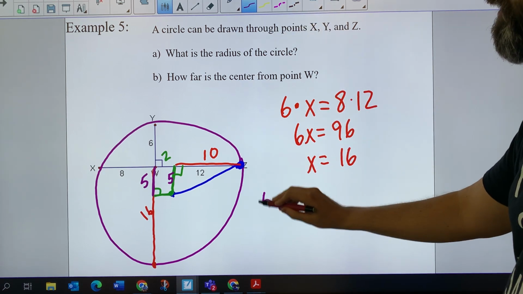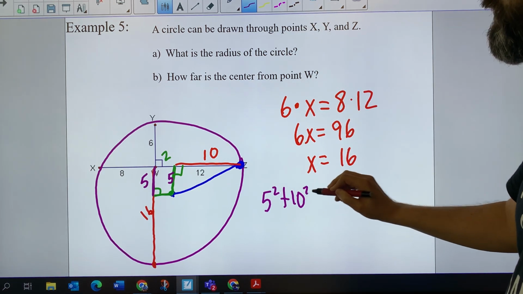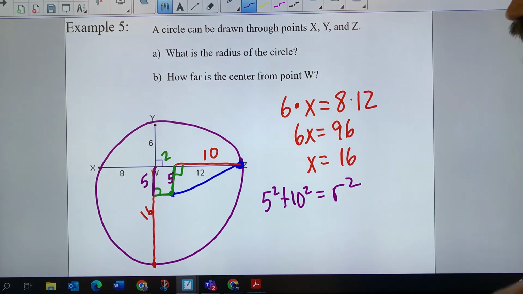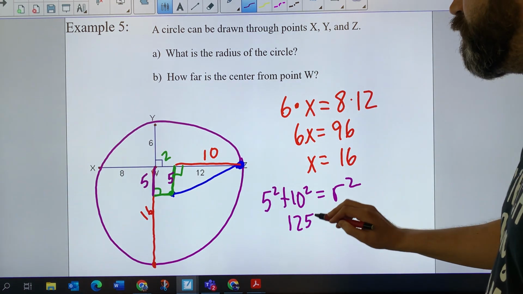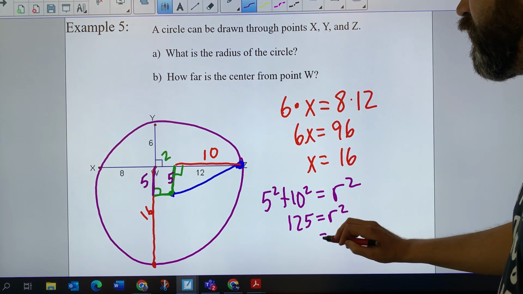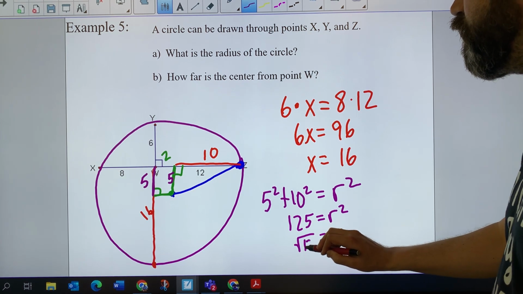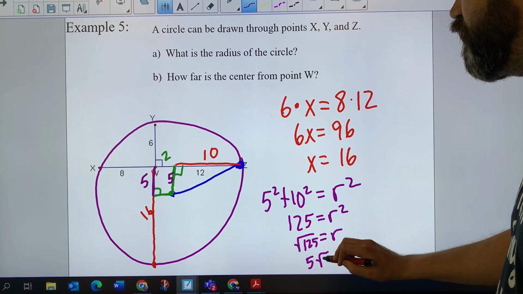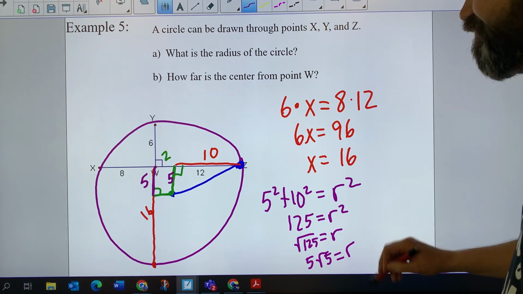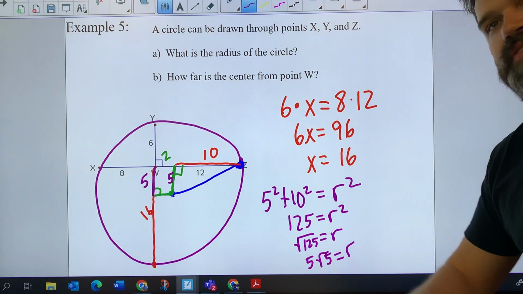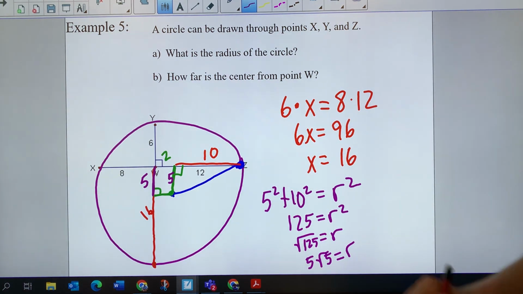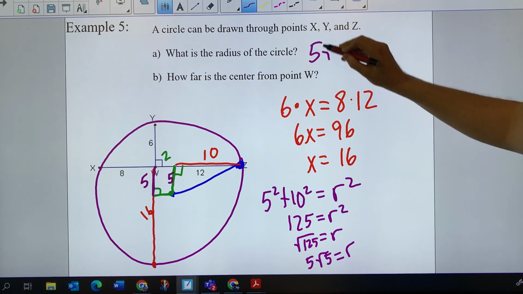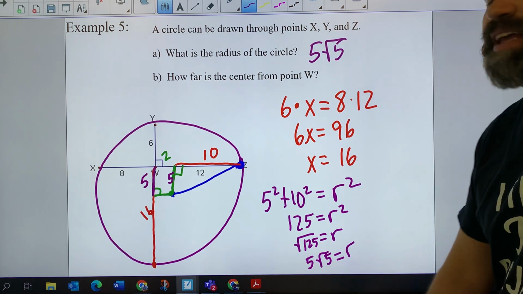So 5 squared plus 10 squared is equal to, let's call it r squared. 125, square root of 125, okay. Yeah, that would have been easy enough to do in my head, that's okay. R is the square root of 125, or just 5 root 5. Give me the square root of 125, that's fine. Give me 5 root 5, I'm great with that. Give me a decimal, I can live with that, whatever. I'm gonna call it 5 root 5 just because that's simplest radical form and the most precise.